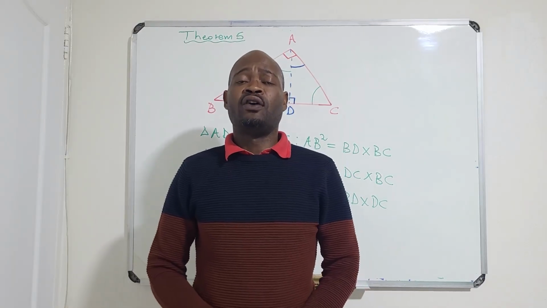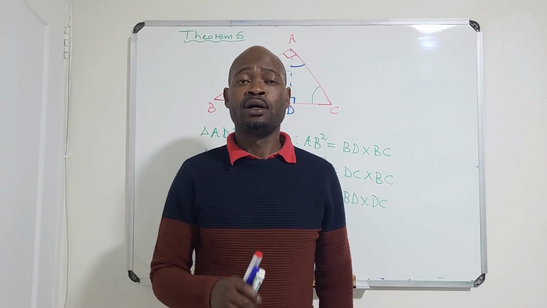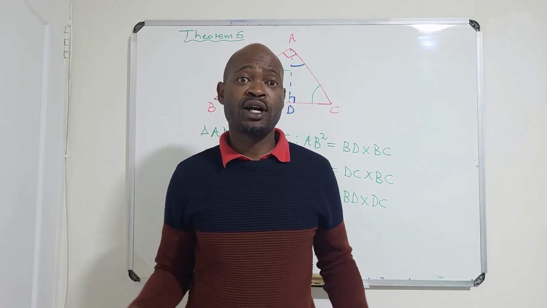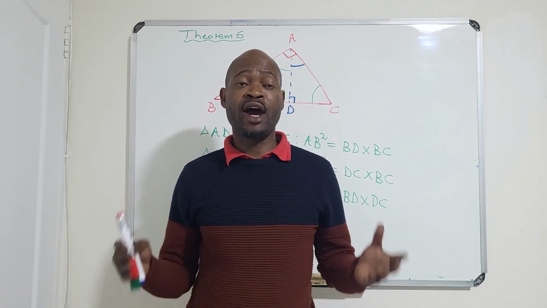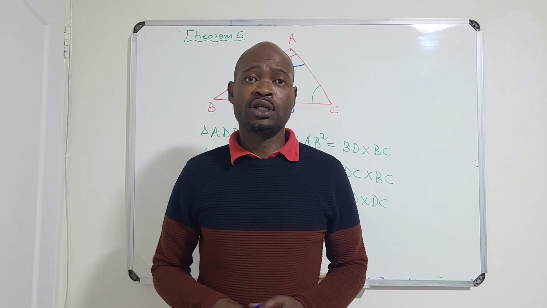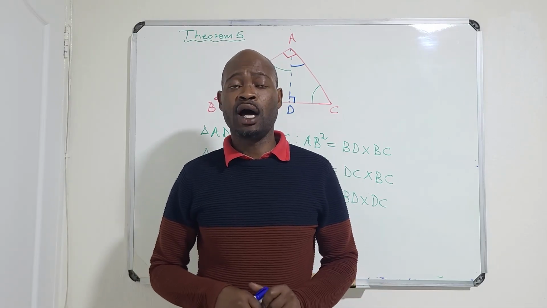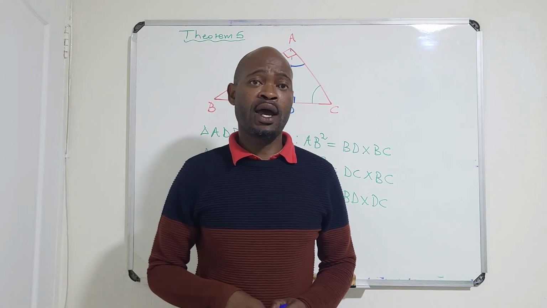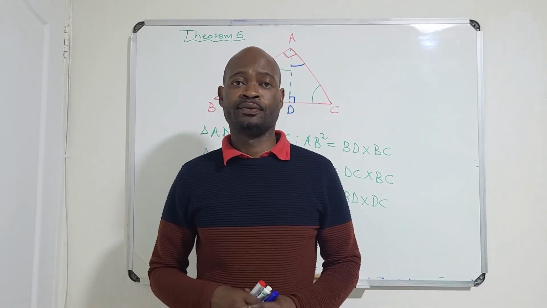The converse of Pythagoras theorem, obviously the converse is the opposite. Pythagoras theorem tells us that in a right-angled triangle, the square of the hypotenuse, or the square of the longest side, is equal to the sum of the squares of the other two sides.